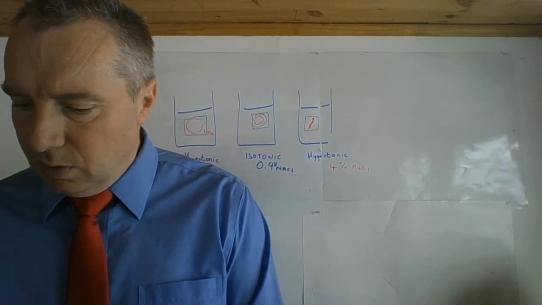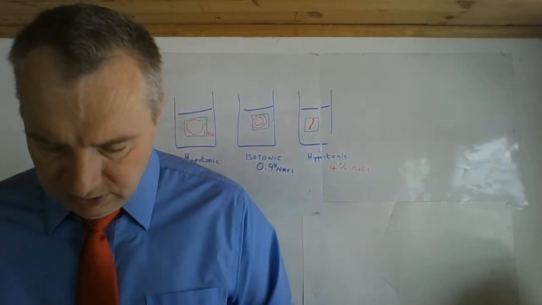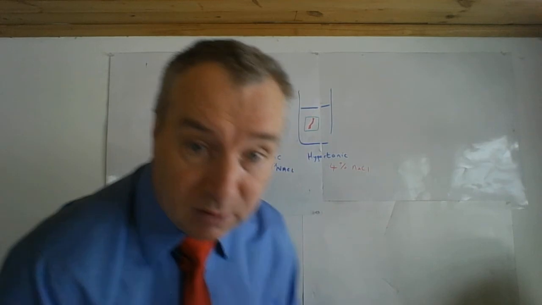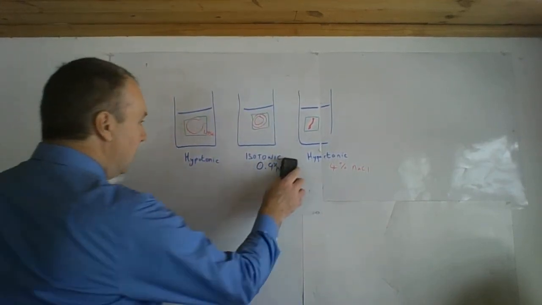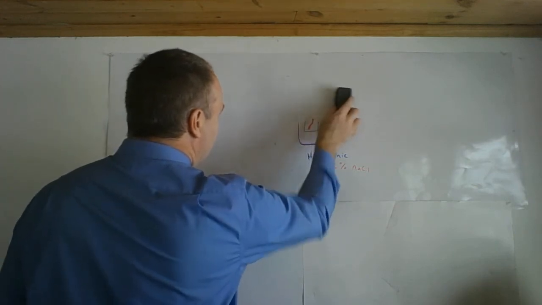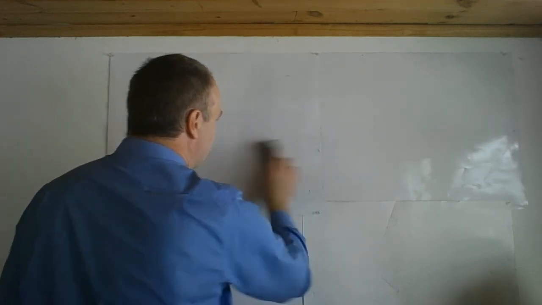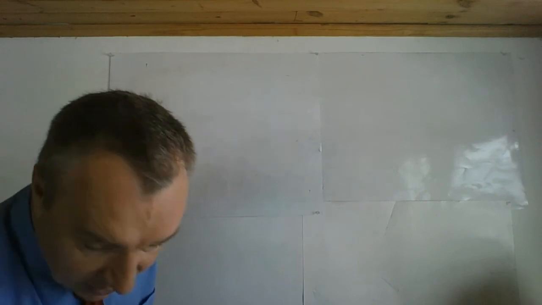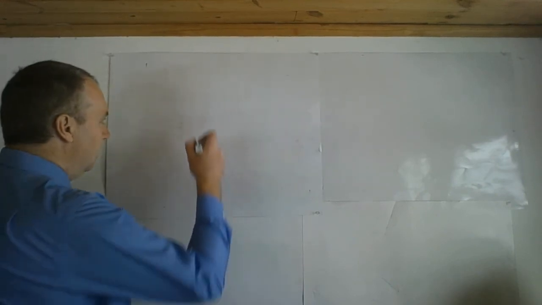So we're going to talk about exocytosis. We talked about pinocytosis earlier, and now you'll see exocytosis. So with exocytosis, here's our cell membrane.